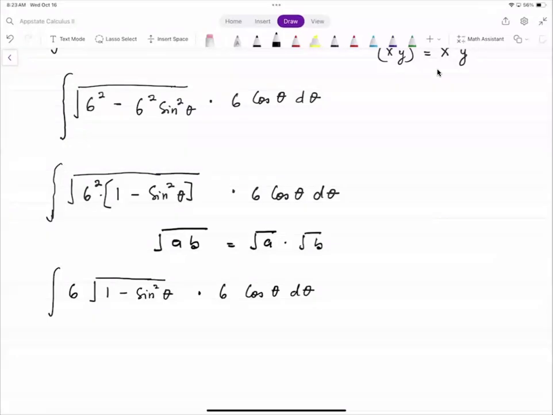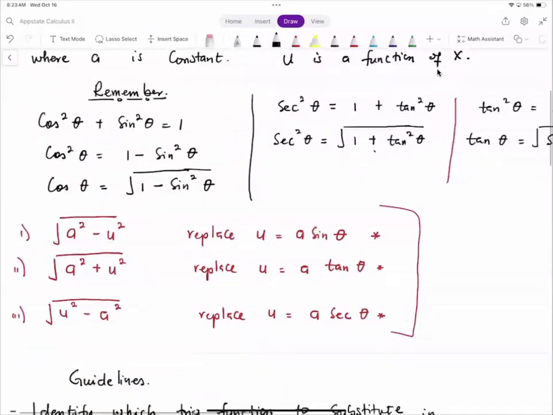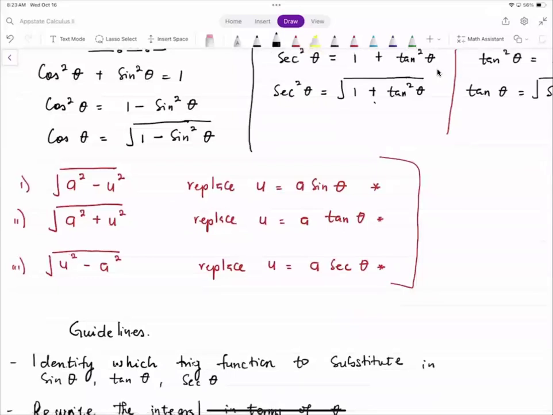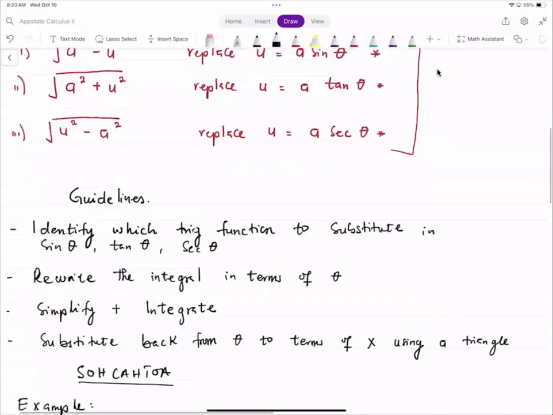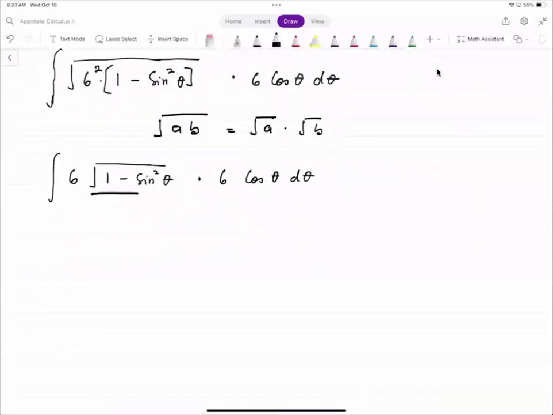Okay, now that we have this, remember what we said here. Look at this property here. The square root of 1 minus sine squared of theta here is the same thing as what? Cos theta. So we could now change this thing here. So we have now 6 times 6 is 36.